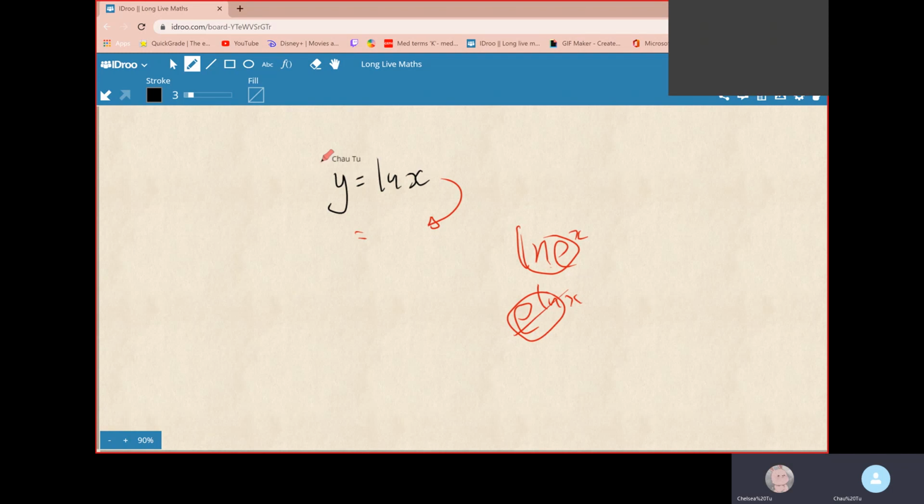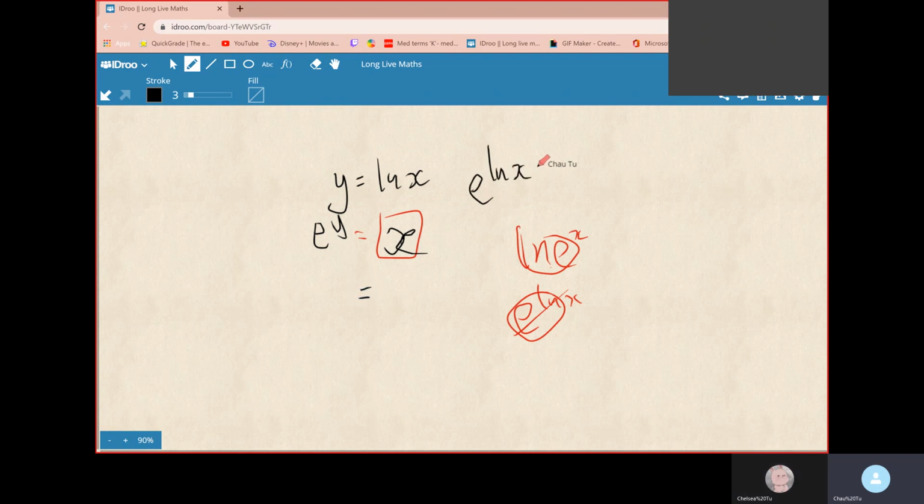So just write it like this, so it keeps it neat and tidy rather than having this ugly e to the natural log of x thing.